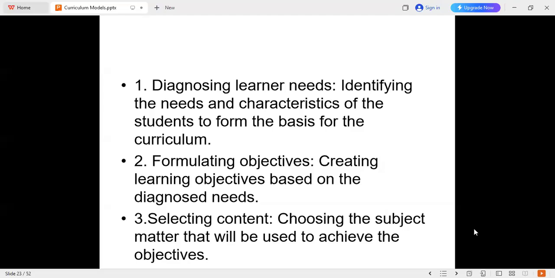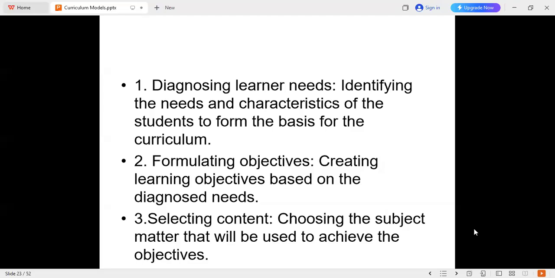Selecting content, choosing the subject matter that will be used to achieve the objectives. We can say sometimes there is a big gap between the national objectives and the subject in the curriculum. We have to do a deep study in that.